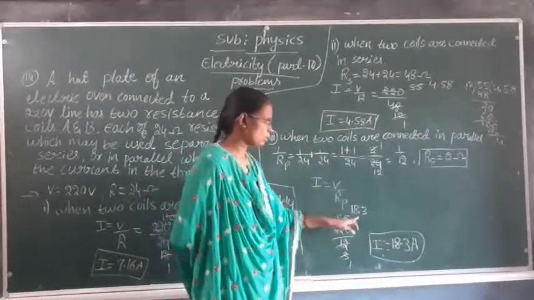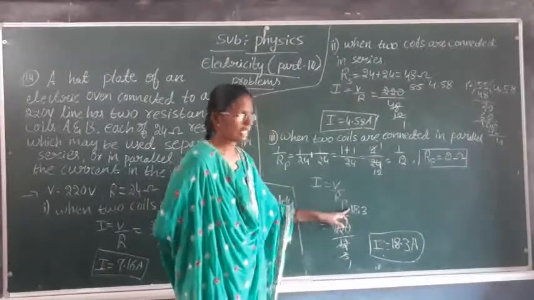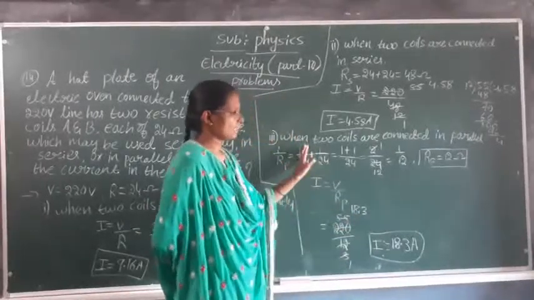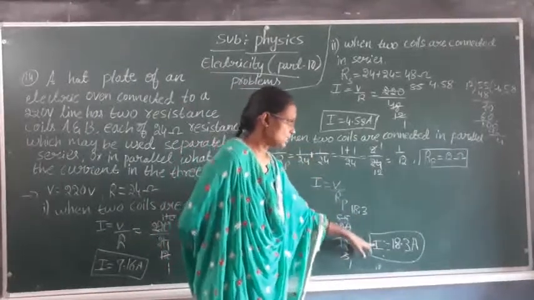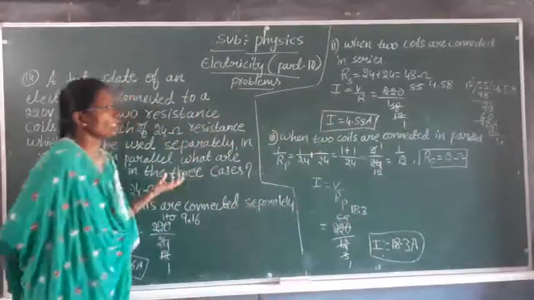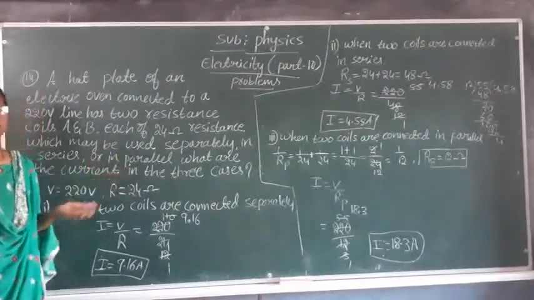So 1 remains. So 1 is not going to take, decimal point, it will become 10. 3 3s are 9. So what is the current value? 18.3 ampere. So when resistors are connected in parallel, the current is equal to 18.3 ampere. So this is the total 3 cases. So the remaining we shall discuss in the next class.